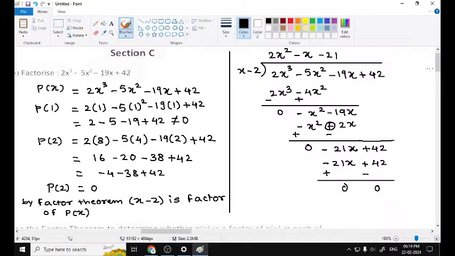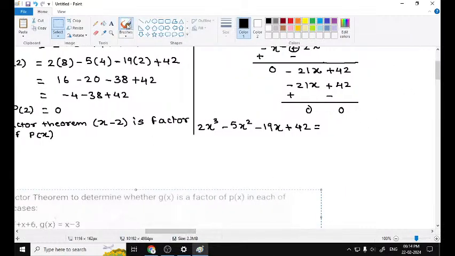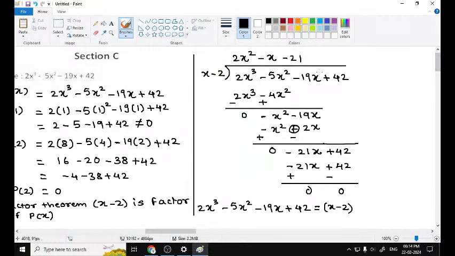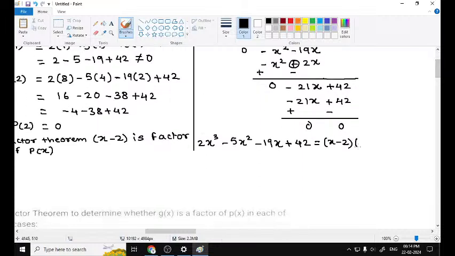Now we have two factors of this polynomial as x minus 2, that is our first factor, and 2x square minus x minus 21. Now we have to factorize this.